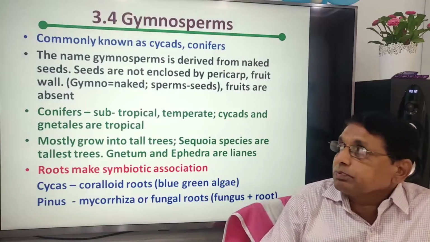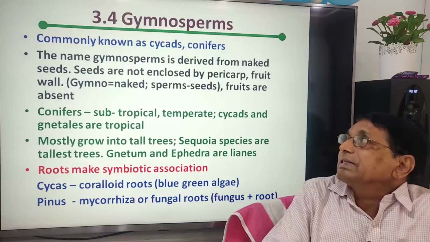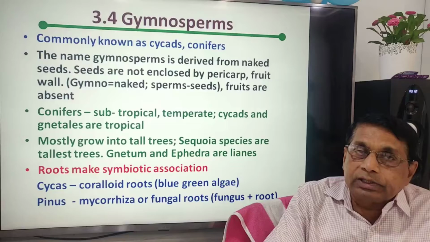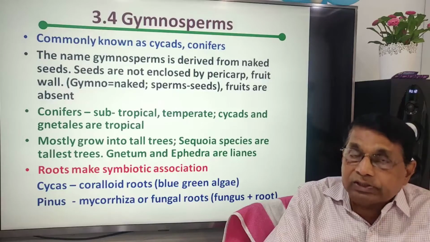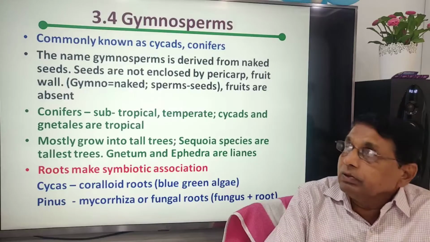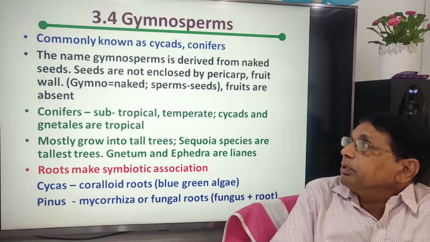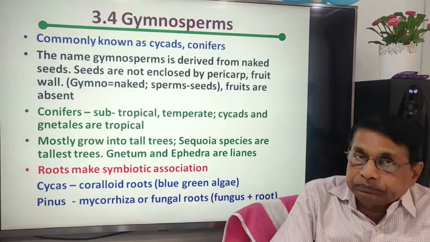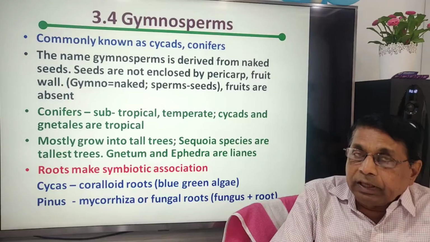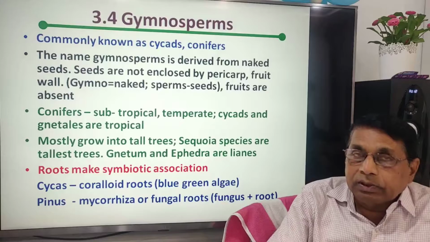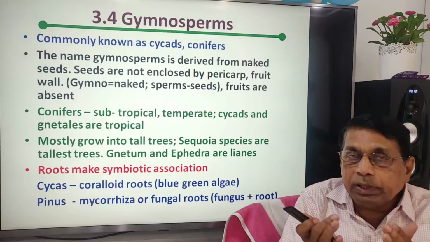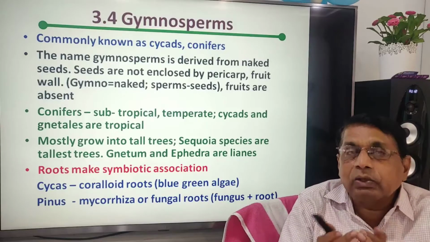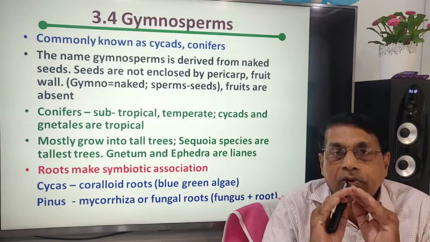Let us see gymnosperms, commonly known as cycads, conifers. Coniferous forests we often hear. The name gymnosperms is derived from naked seeds. They are not enclosed by a pericarp, the fruit wall.